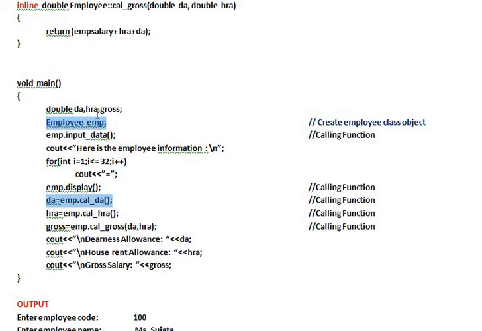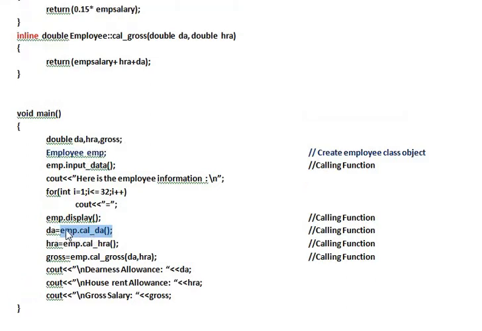The first statement creates an object emp out of the class employee, and then in this statement, with the help of this same object emp, it is invoking or calling this member function cal_da with the help of this dot operator.